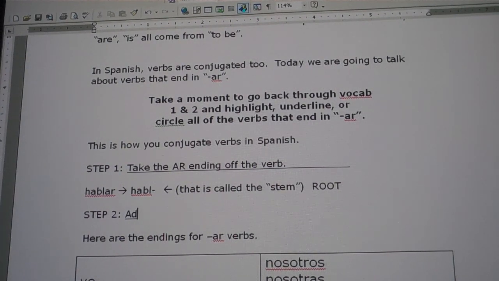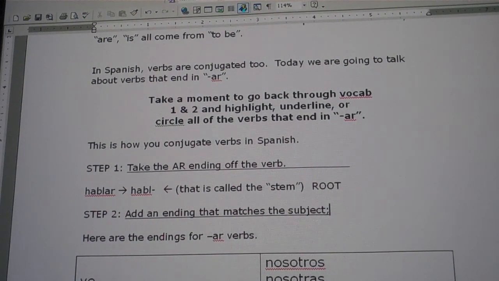So the second step is you're going to add an ending that matches the subject. Okay? You're going to add an ending that matches the subject. For example, when you had yo, you added what? O, okay?